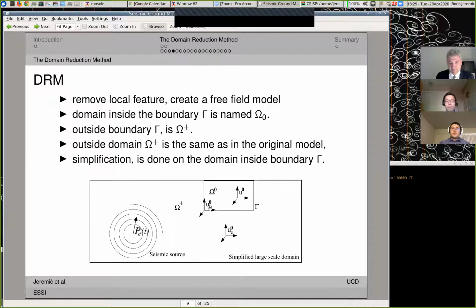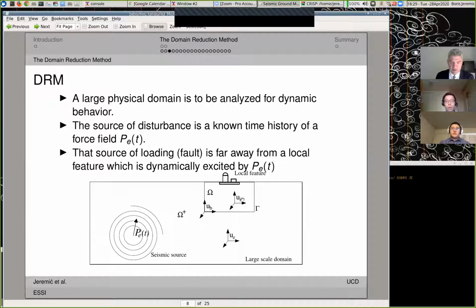We have displacements on the boundary, and we have displacements on the outside. The E means external. The 0 here means that we have those displacements in the free field model. The previous model had realistic inside displacements, realistic boundary displacements, and realistic external displacements. There's a boundary gamma, the domain volume inside is called omega, and the volume outside is called omega plus.